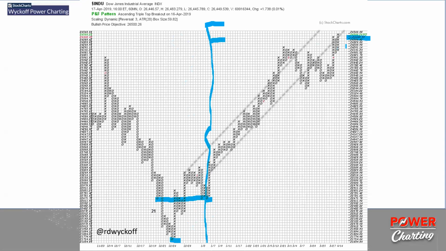In this case, it's 25,483 and 26,439, so roughly 1,000 points of range. And so this is, oh, I did this wrong, 25,483 is right here. And then 26,439 is right here.